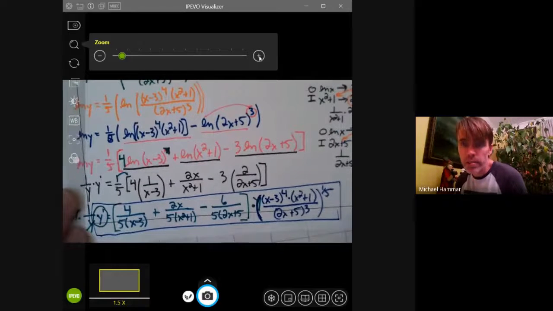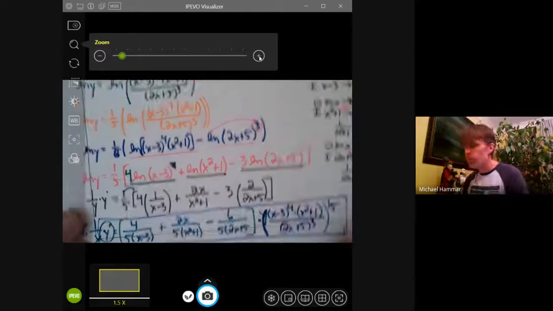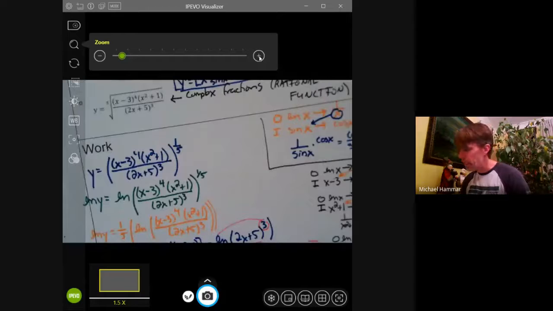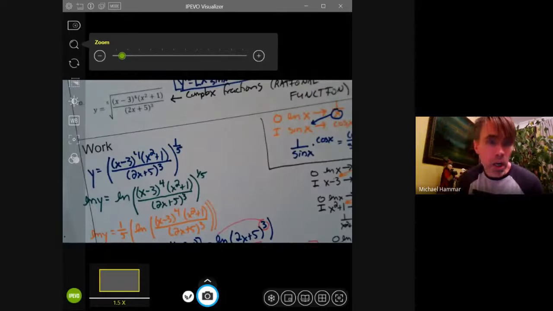Okay, this is it. So this is what logarithmic differentiation looks like. It is really a long process. Okay, it takes a lot of time, and you really just have to systematically work your way through it. But please remember a couple of key things. Number one, only use it when you have x in the exponents. It allows you to take that exponent out, or when you have super complicated rational functions.